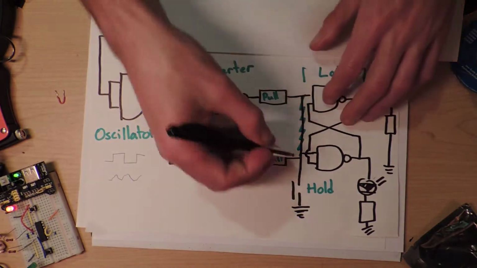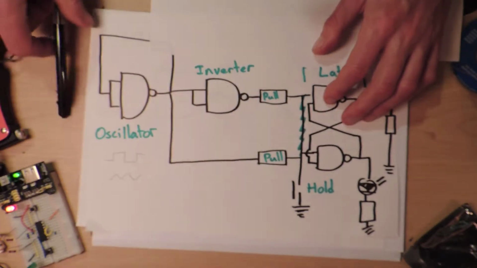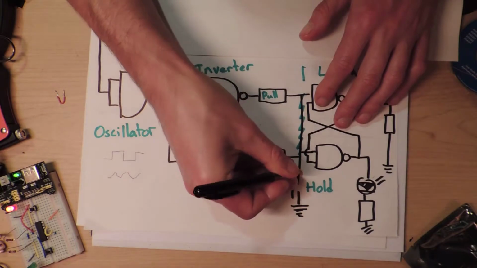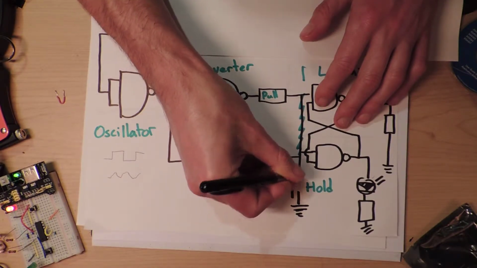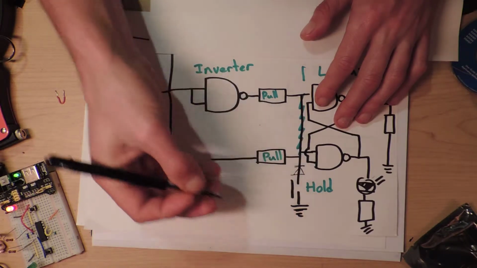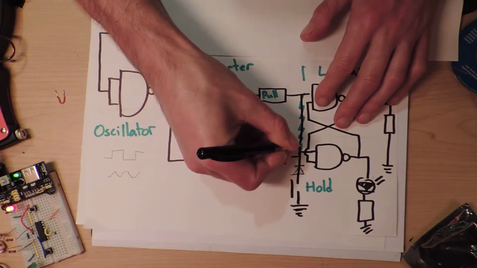So what we have to do is try to work out a cleverer way of doing this. And I think probably the best way is, this one is going to have a diode going here, pointing that way. And this is not going to be connected.